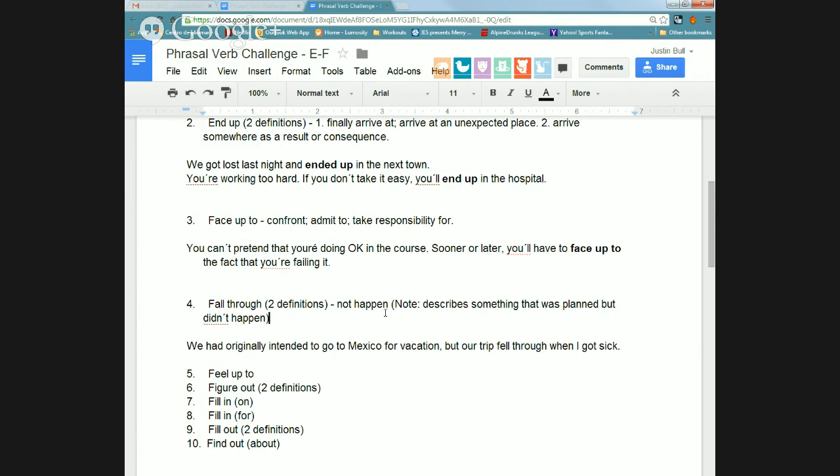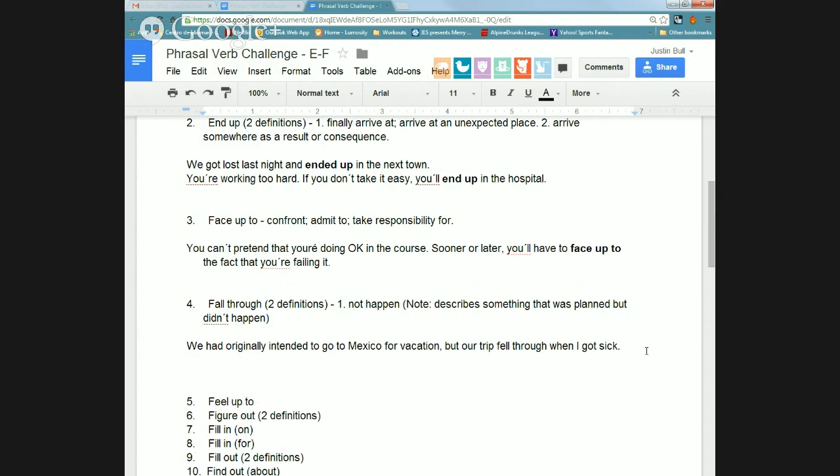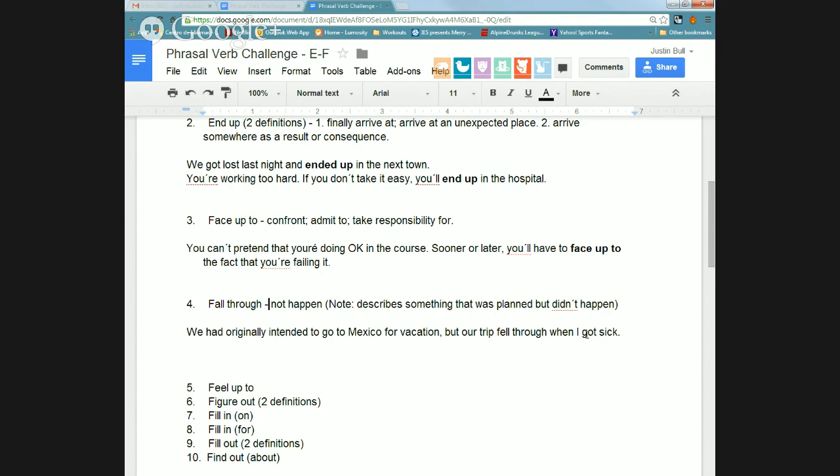All right, we have one more. So this is definition 1. Let's give you the example of the next one. Oh, wait, sorry, never mind. My document had 2 definitions, 2 of the same ones. So there's only one definition for this. Fell through.